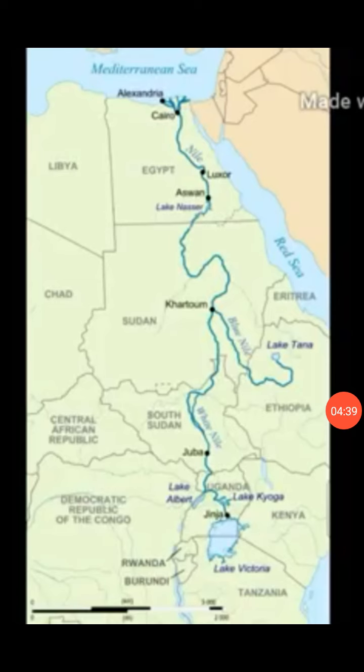Now, as we have taken one parallel and one meridian for describing the location, and two parallels and two meridians to describe the region, for describing a linear feature like a river, road, etc., we need to consider the latitude and the longitude of their terminal points.